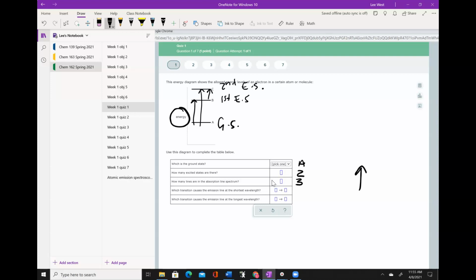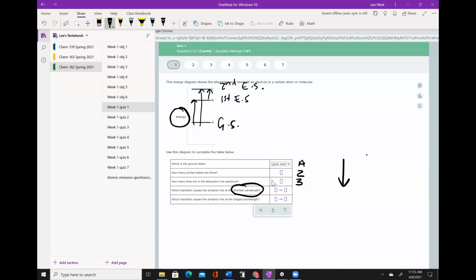And then it asks what transition causes the emission line at the shortest wavelength. So keep in mind that emission means that we're going to head down in energy. So it's not going to begin with A, right? It's going to begin with B or C because we've got to be able to go down in energy.